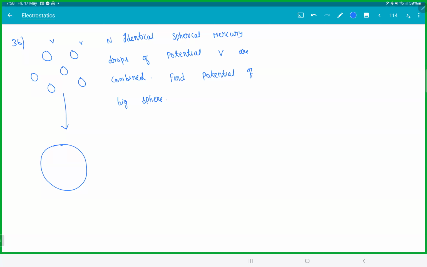V by n power 1 by 3. We have one answer. Anyone else? V by n power 1 by 3. We have 2, 3. Okay. Let's see. V n power 2 by 3. Chalo, we have one different answer at least.